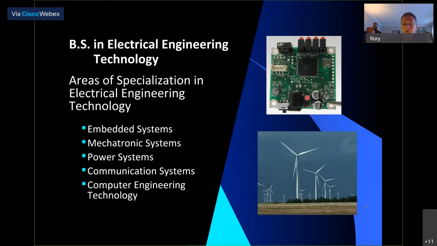The computer engineering technology concentration is somewhat different than the other four because it's going to be a little bit less of the electrical courses and a lot more programming. Okay, so it looks very different than the four above it.